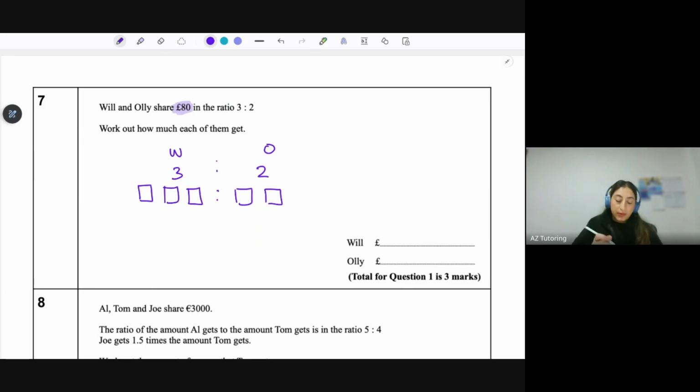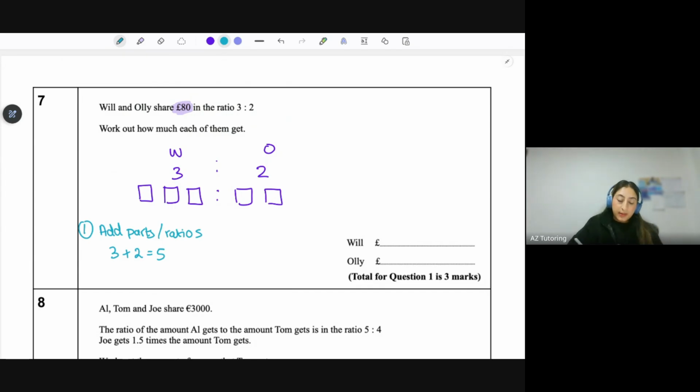So what we're going to first do is add the parts up together. So step 1 is always, when you're sharing ratios, add the parts or add the ratios. So 3 plus 2 is 5. So altogether, there's 5 parts or there's 5 ratios altogether.